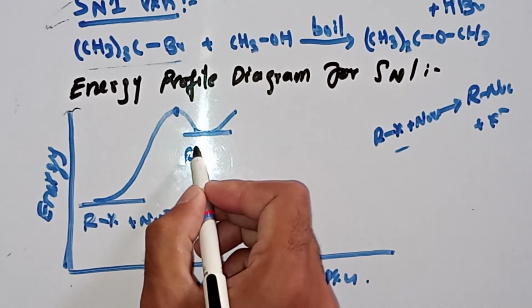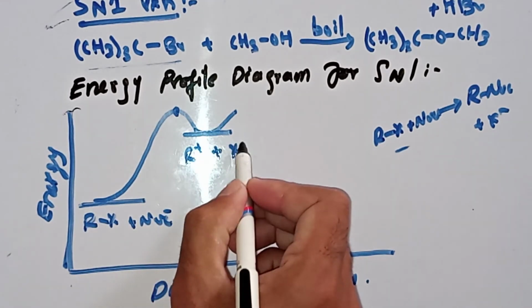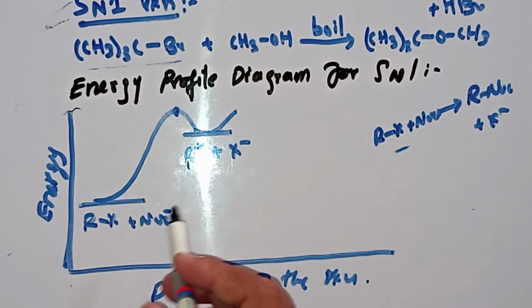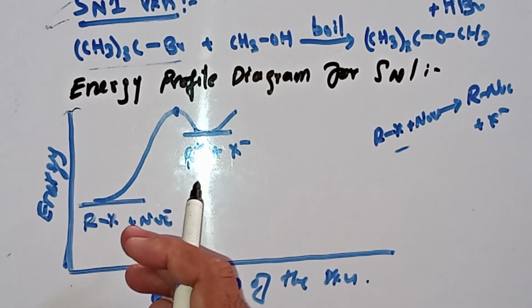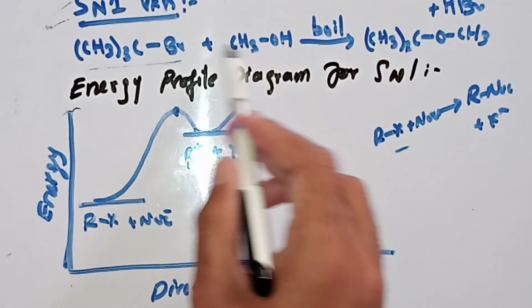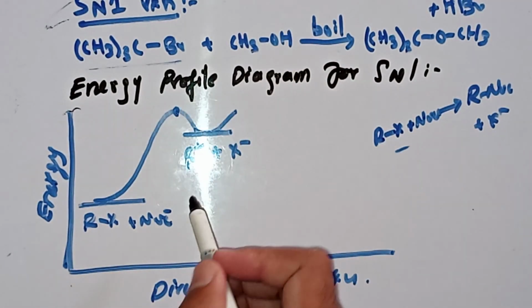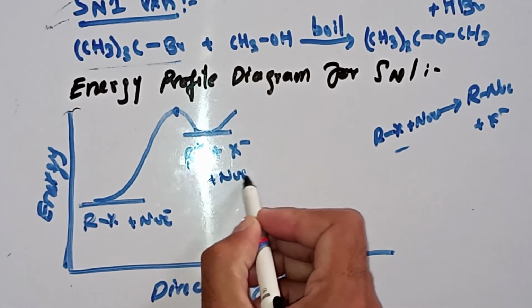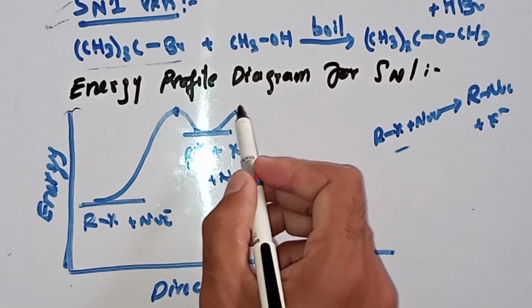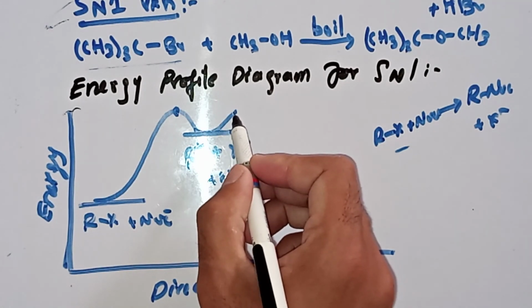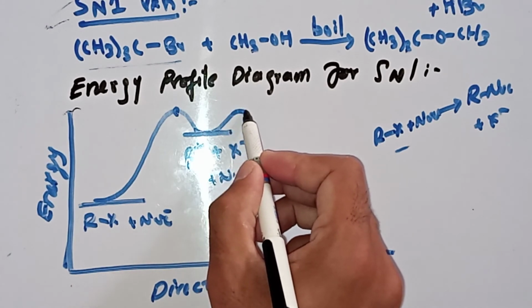The intermediate will be R plus and X minus, as I already explained in the previous example. Plus the nucleophile is also present in the solvent.